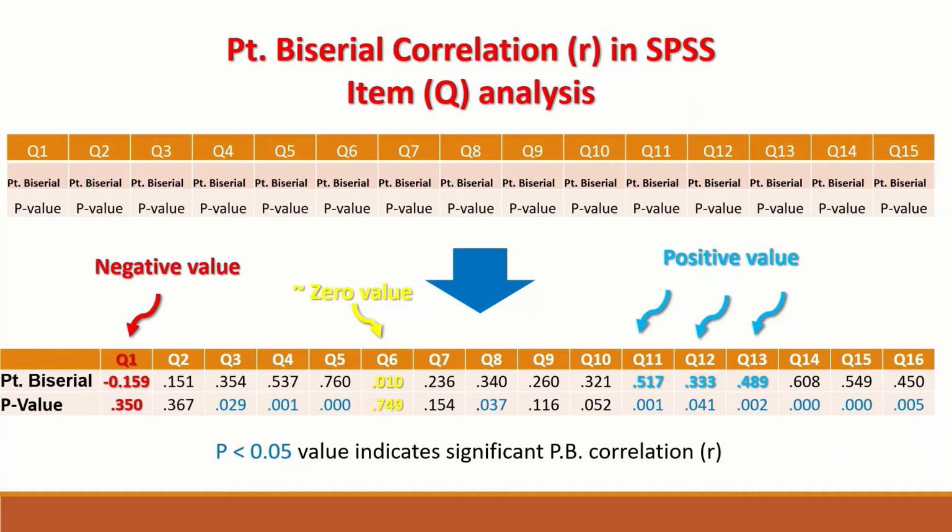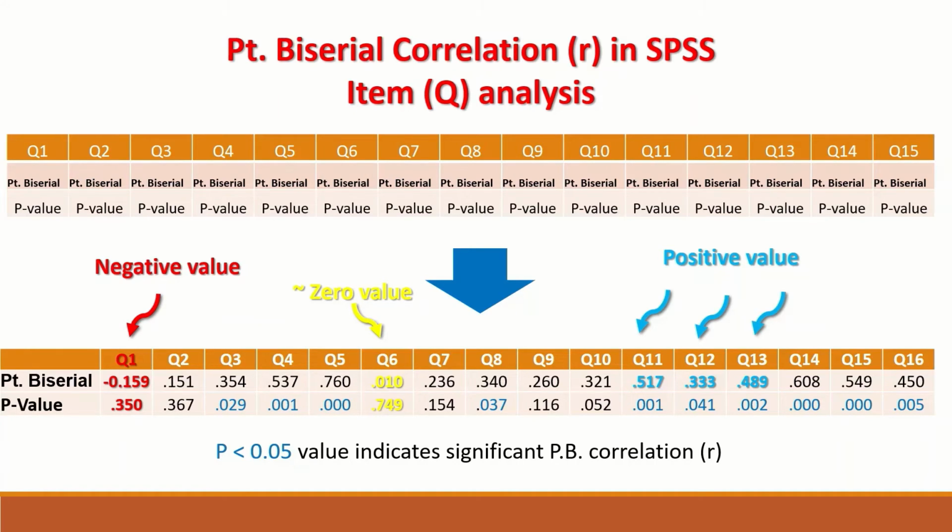As we can see here, for each individual question, there is a point biserial value calculated and a P value, for question number 1 to question number 15. Again, here we have questions with their point biserial value and P value.